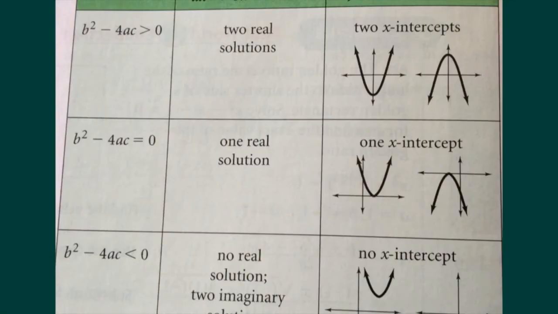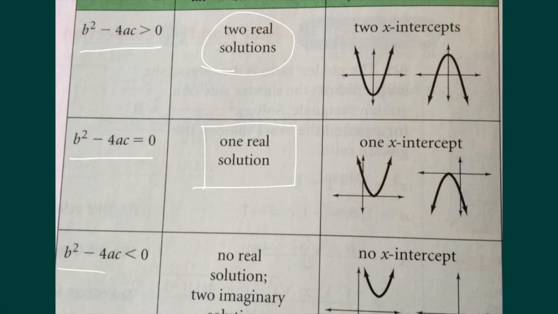Okay, so this is the chart. And basically what's going on here is that when we evaluate, if we find out that b squared minus 4ac is bigger than 0, that tells us we're going to have two real solutions. If b squared minus 4ac is equal to 0, then that gives us one real solution.